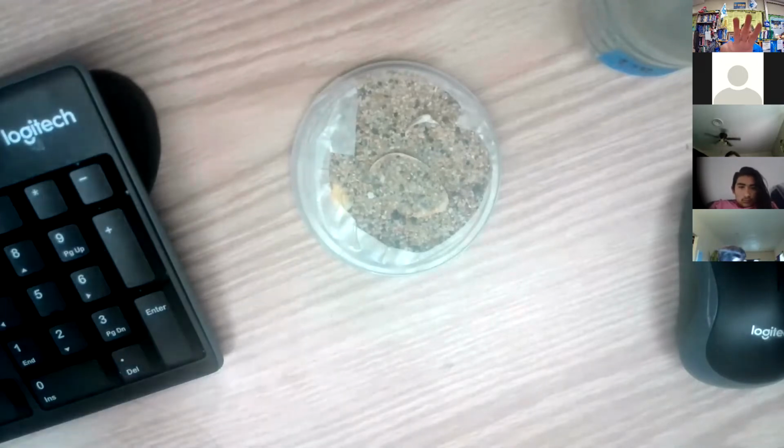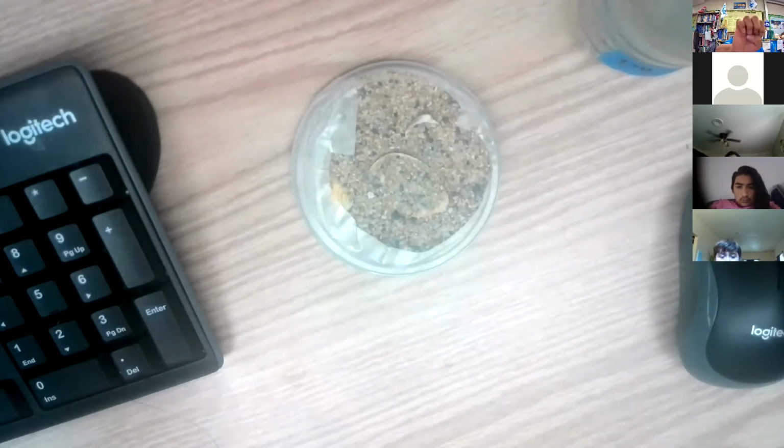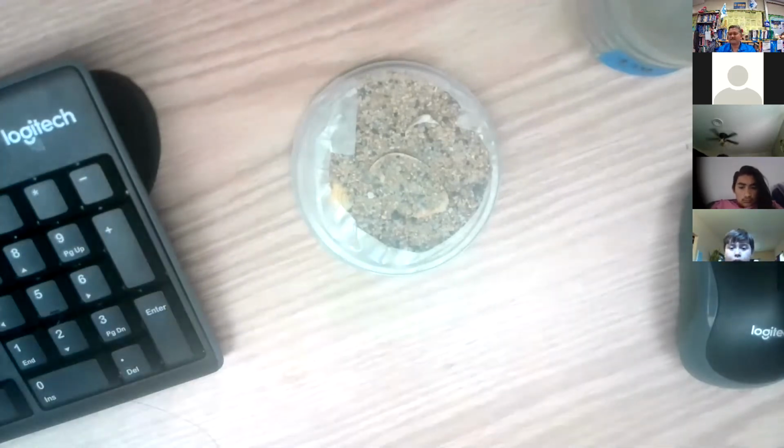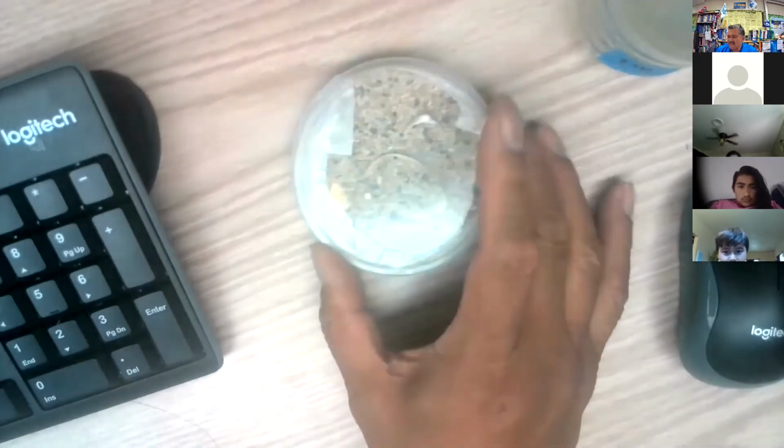Hopefully you can vote and know the answer. Compound, mixture, or an element. What do you think? Okay, somebody vote so I can know. Is this a compound, an element, or a mixture?